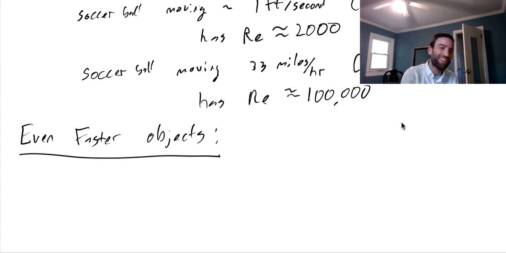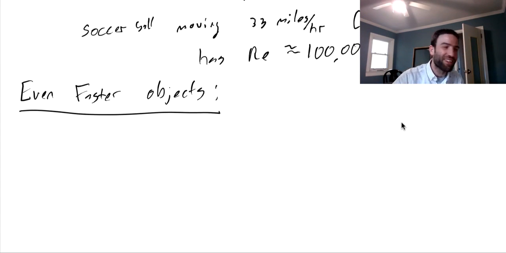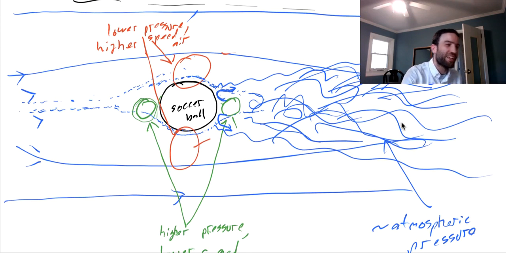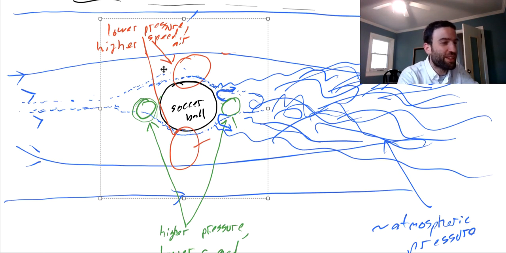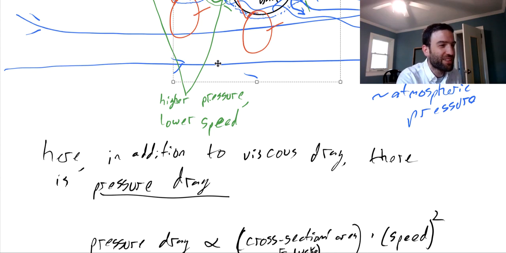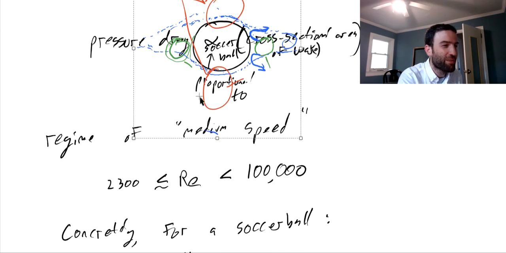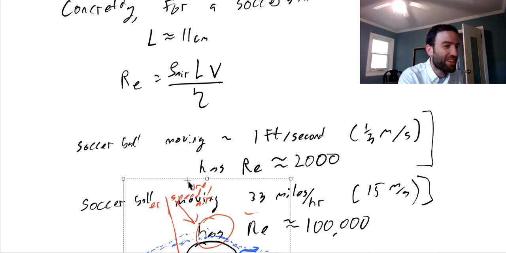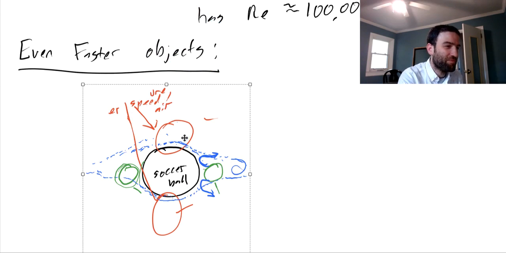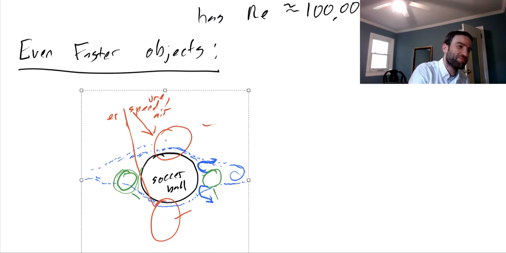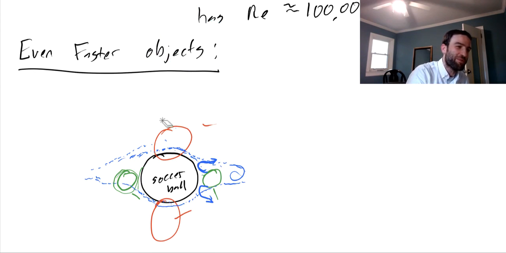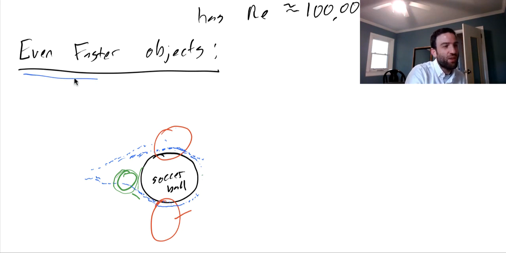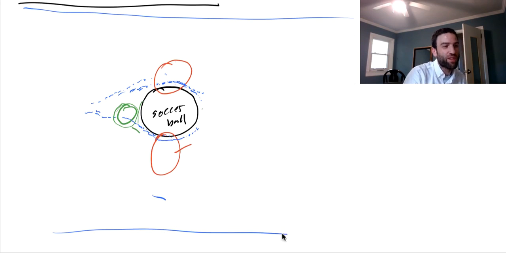So if I look at my picture here, and if I again just grab a chunk of it to copy over, I still have smoothly flowing air far away from the soccer ball, but here, even this boundary layer is already very turbulent.